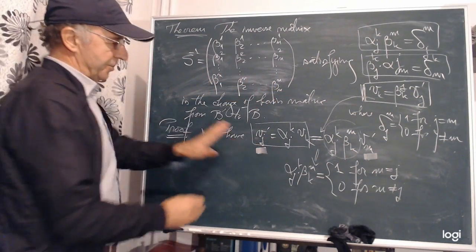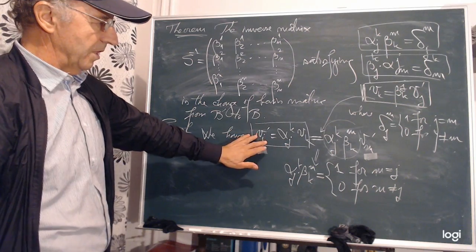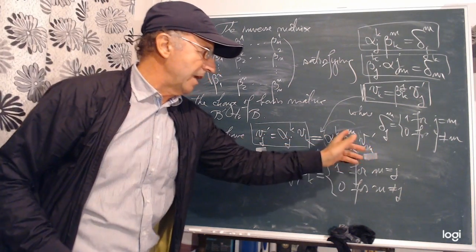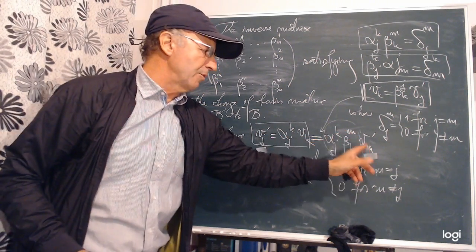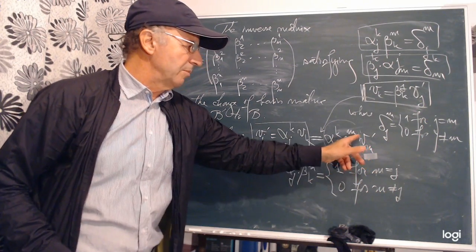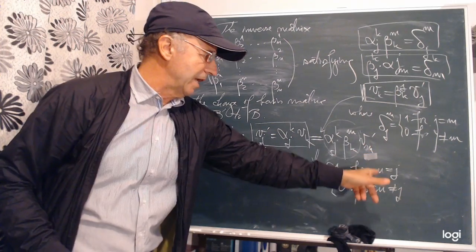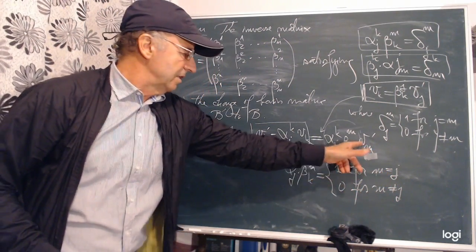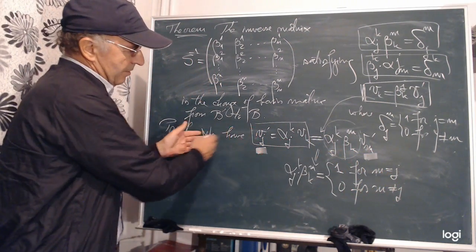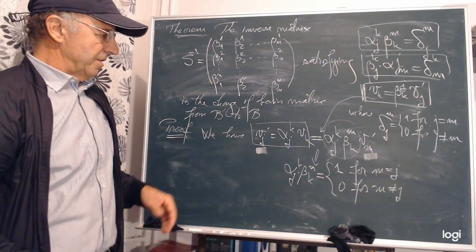Here j is fixed, just one vector, and here we have a sum with respect to m, but only the coefficient of v prime j, when m is j, is 1. All the other coefficients here are 0.